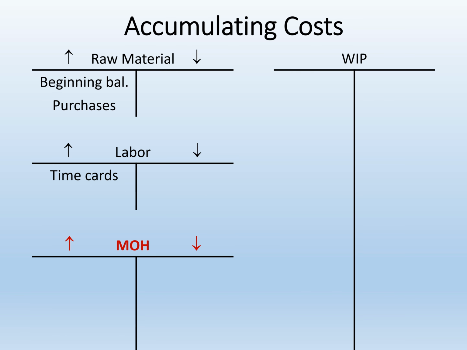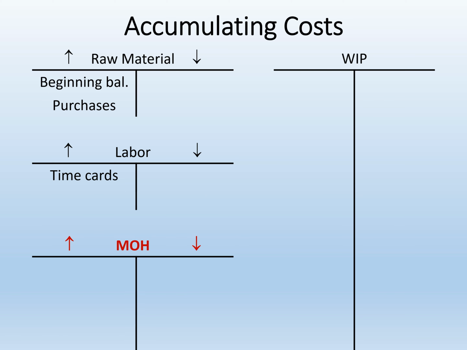Manufacturing overhead is another temporary asset. It increases on the debit side when the firm accumulates manufacturing overhead costs. But all of those costs will be used for something during the period.